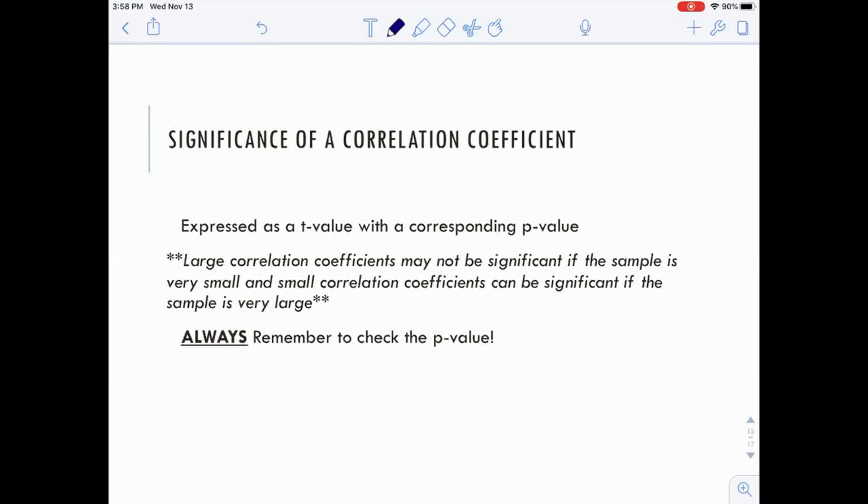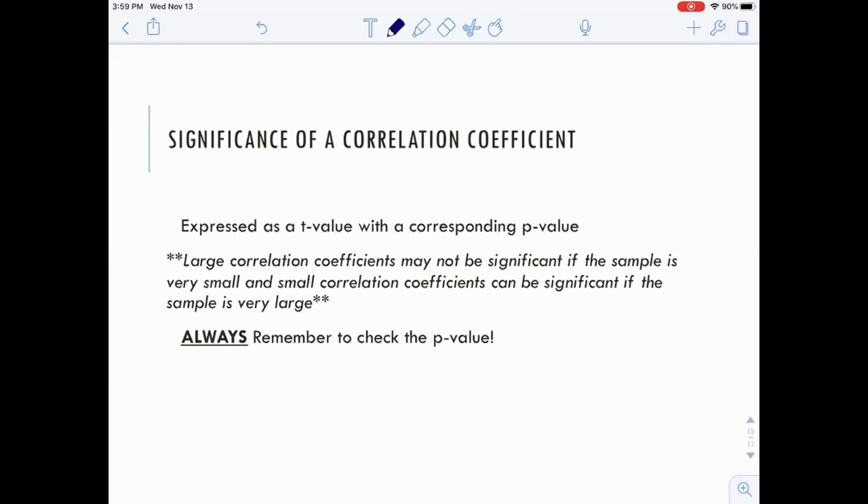Even if you have a really high correlation, for example 0.8, which on our scale from -1 to 1 would be a really strong positive relationship, it might not be significant if we have a small sample size.